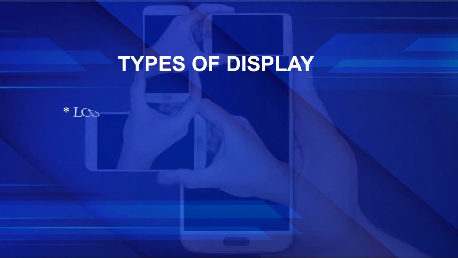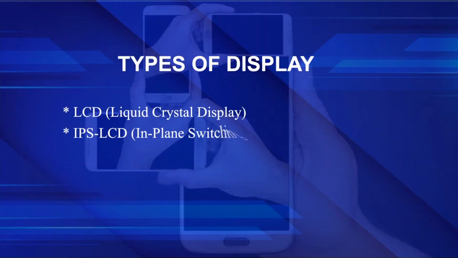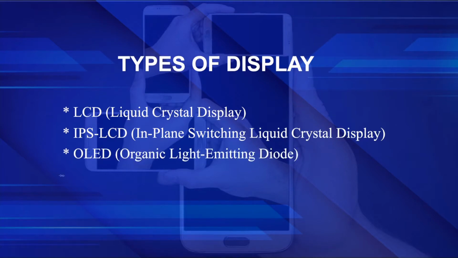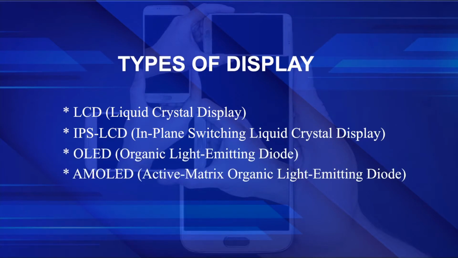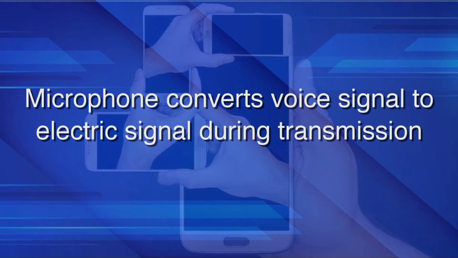The various display types used in current mobile phones are liquid crystal display, in-plane switching liquid crystal display, organic light emitting diode and active matrix organic light emitting diode. Among them, LCD display is the most common one. Antenna of a mobile phone is inbuilt in the mobile cabinet and it is used to receive and transmit radio frequency. Microphone converts voice signal to electric signal during transmission.